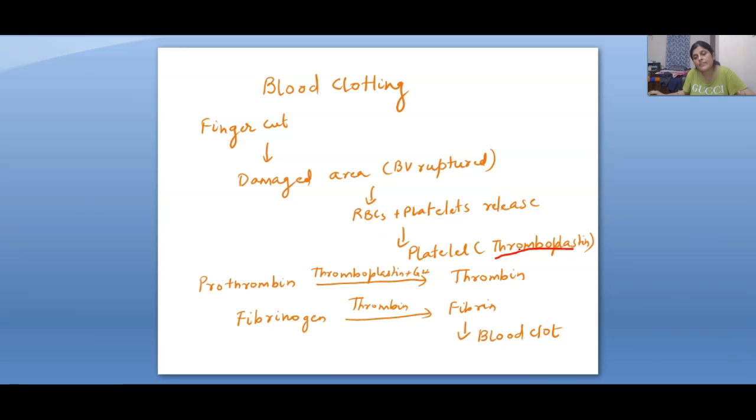Platelets release thromboplastin, which in the presence of calcium activates prothrombin, converting it into thrombin. Thrombin then acts on fibrinogen, converting it into fibrin, which further forms a blood clot.